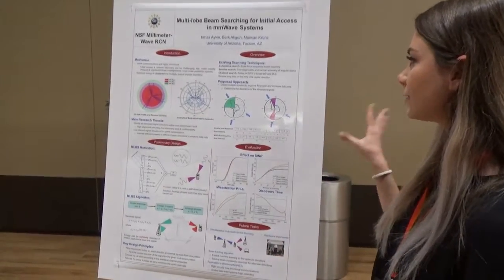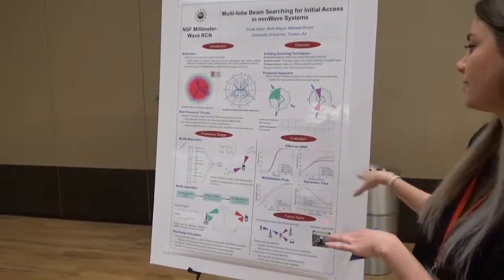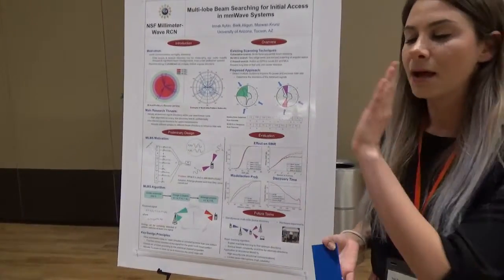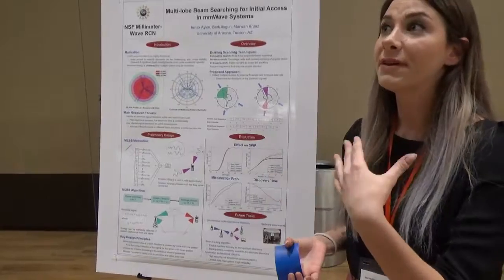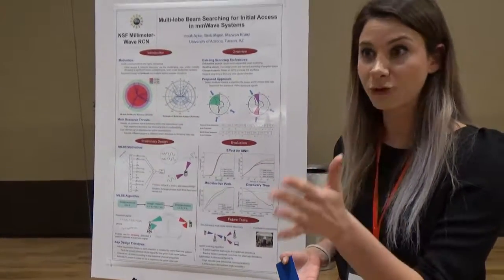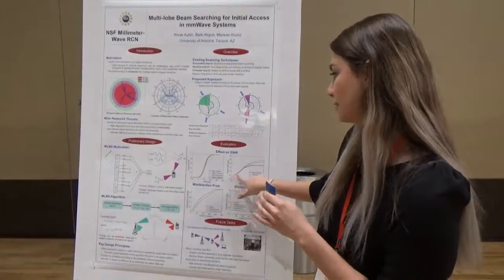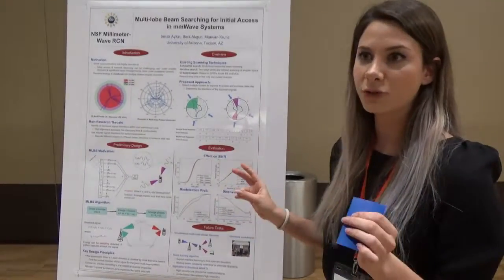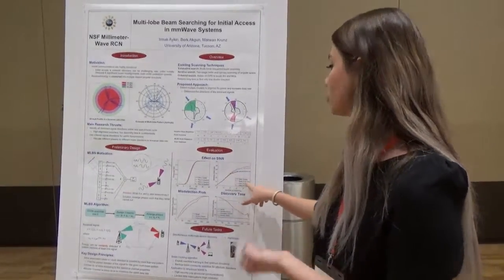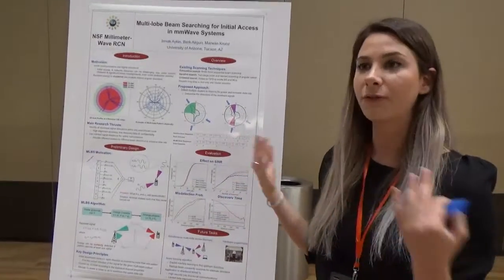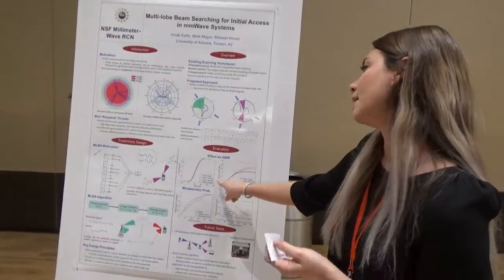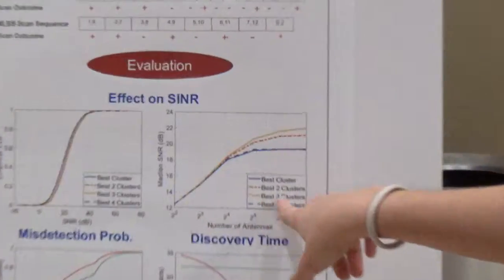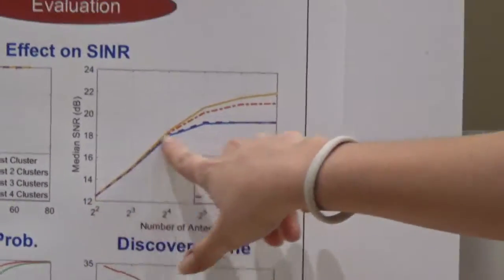And a quick takeaway from that would be this figure over here. We look into what happens if we transmit or receive through just the best direction. This is the median SNR that we can get if we utilize only the best direction. If we look at the best two clusters, the best two angle of arrival directions, you can see that we can improve our median SNR quite a bit. And if we look at the best three clusters, we can further improve our SNR.